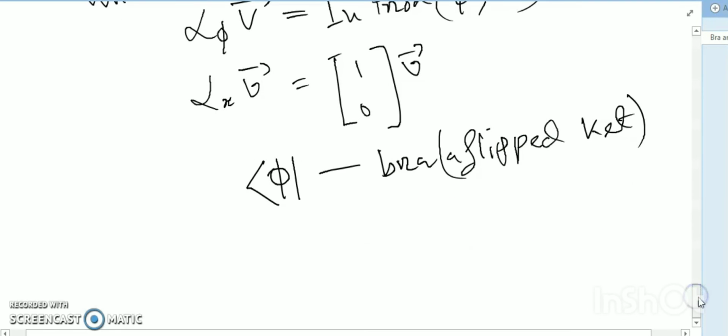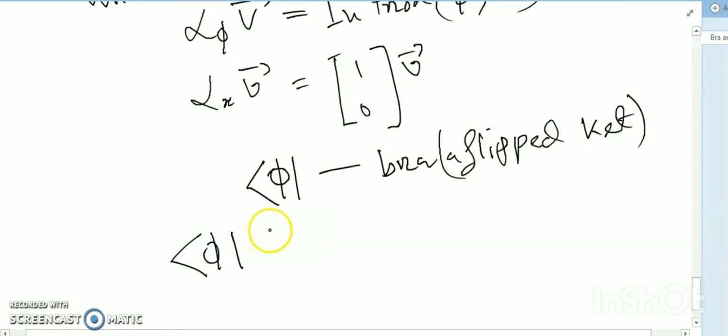So this notation for bras and kets and inner products is collectively known as bra-ket notation.